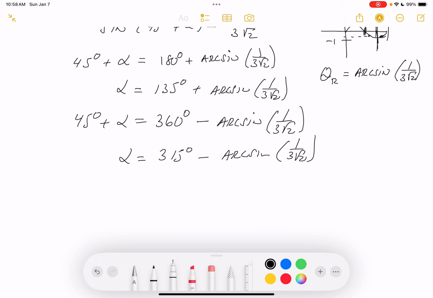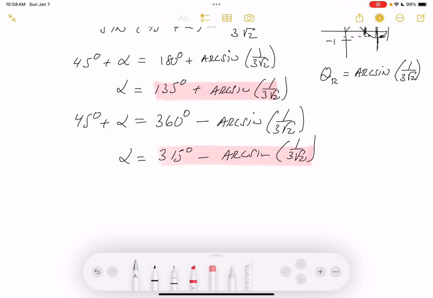All right, what do they want me to do? I got to go back and read the question again. They want me to add up the roots, and there's only two. And the two roots are as follows: this one here, this one here. What's nice about that is when you add them together, those arc sines disappear.